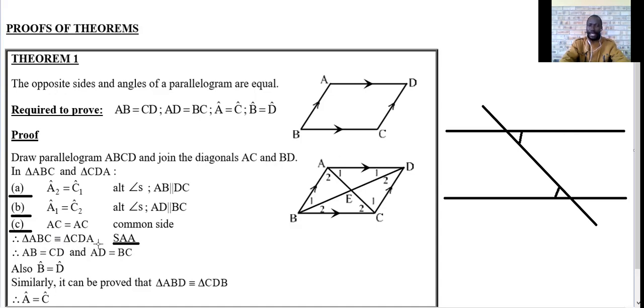That then leads us to conclude that therefore, the length AB, which is this length here, and the length CD, which is this length here, they are equal to each other. And secondly, the length AD and the length BC, they are also equal to each other.